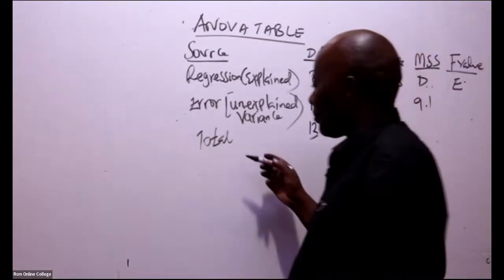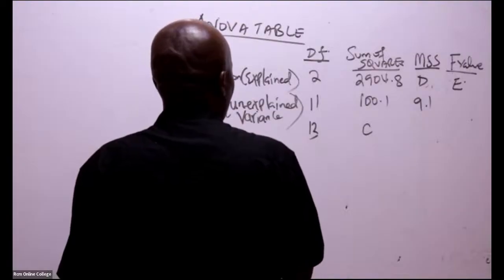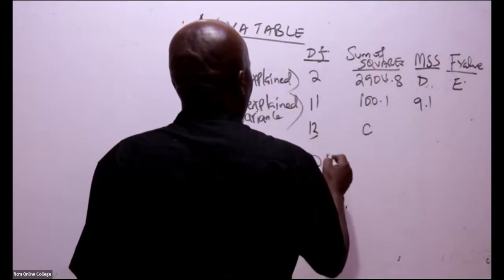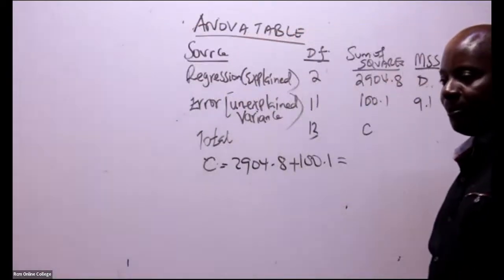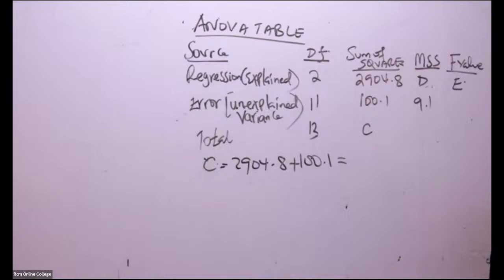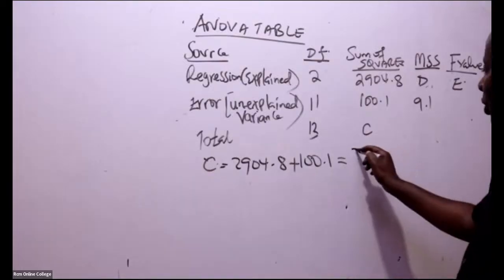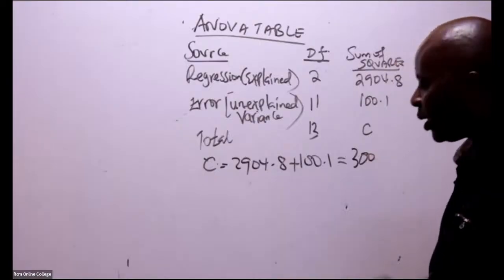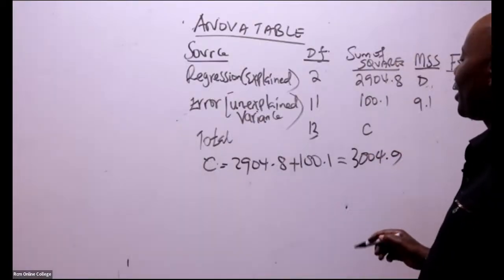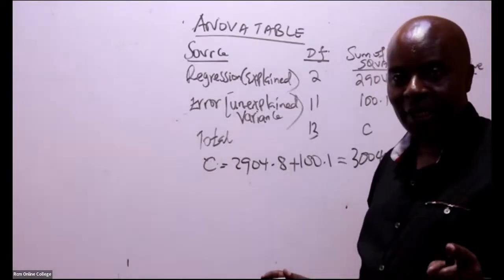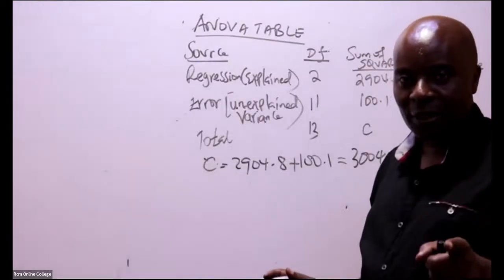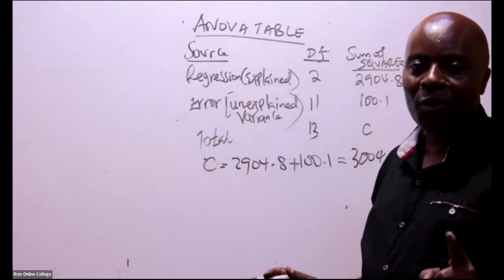So C, sorry, not D, but C. I'm waiting to get a number from you. So this is 3005.0, like that. Thank you so much. Now you are the ones giving me these answers. Last semester, you were not able to get those answers, but don't worry. You'll even see this next one and be able to get it right.